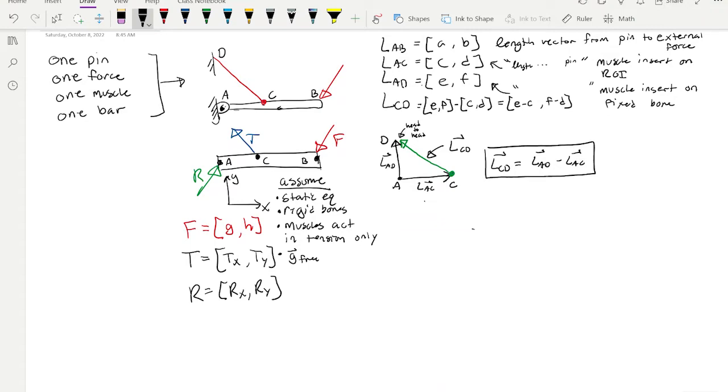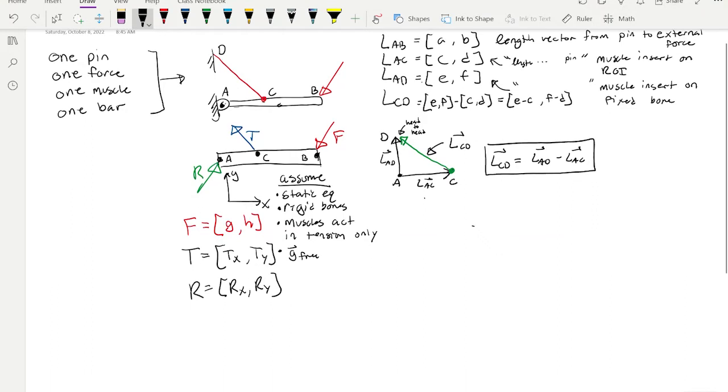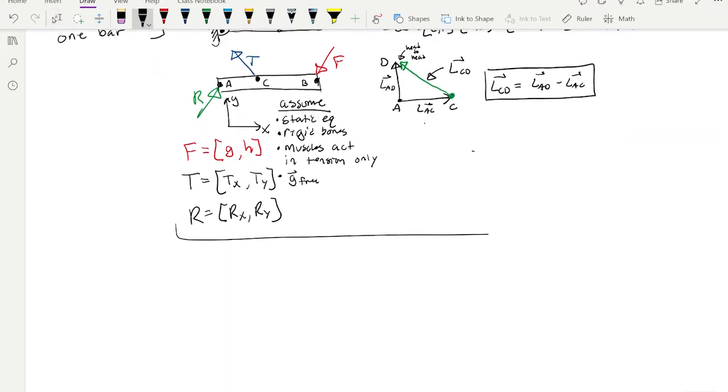So one thing to point out real quick is that all of our knowns in this whole example have little lowercase letters, where all of our unknowns are going to have these capital letters with a subscript X or Y. And hopefully that helps clean up all the bookkeeping that's needed in these problems. So we've set it up.